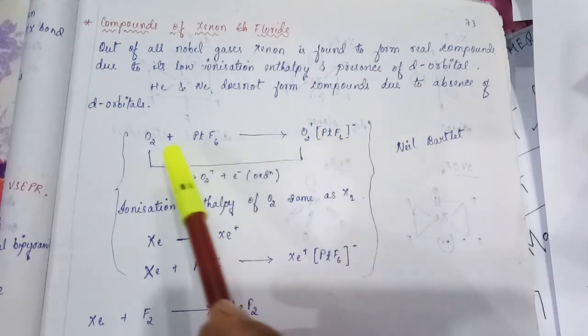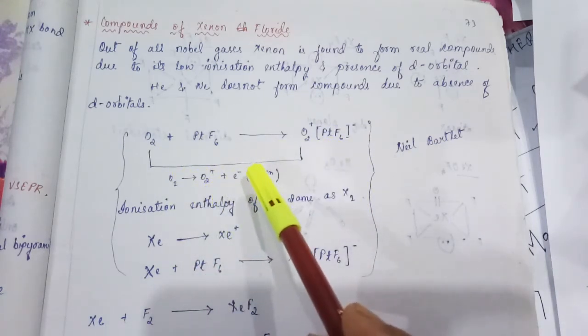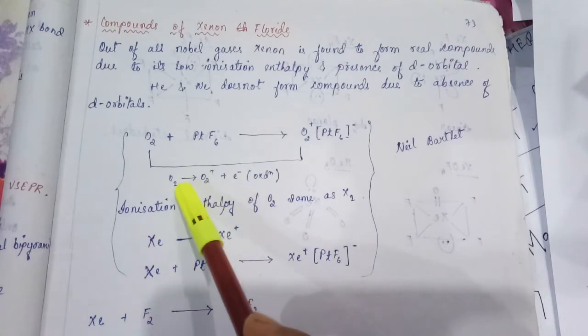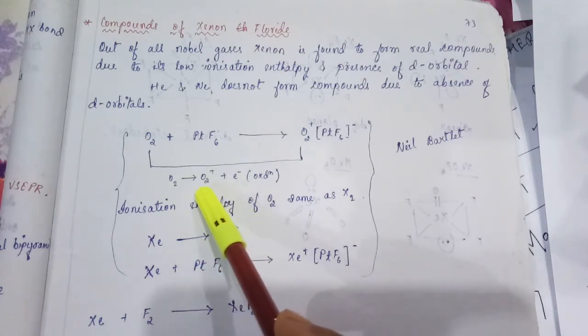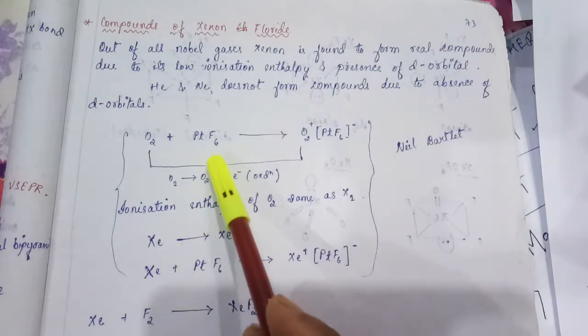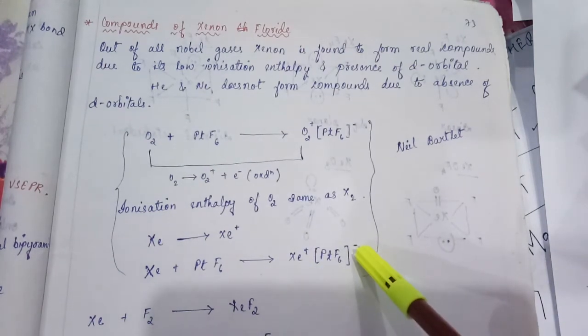He observed that the ionization energy required to take out one electron from O2 is the same as to take out an electron from xenon. From this knowledge, he tried to prepare the compound with xenon and platinum hexafluoride, and he could prepare that red colored compound Xe+PtF6-.